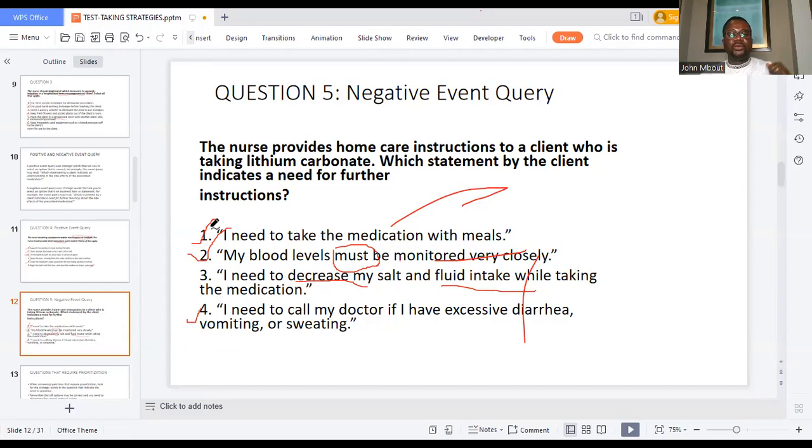It will be 1, 2, and 4. But they say identify the statement that needs further instruction, the statement that is wrong, the statement that is incorrect. 3 is incorrect because we don't decrease salt. We don't decrease fluid when a client is on lithium. Further instruction.